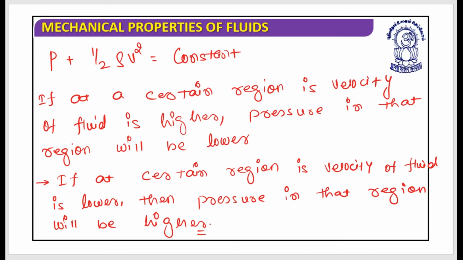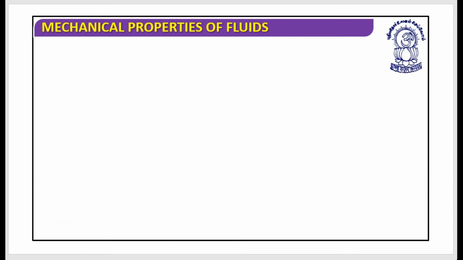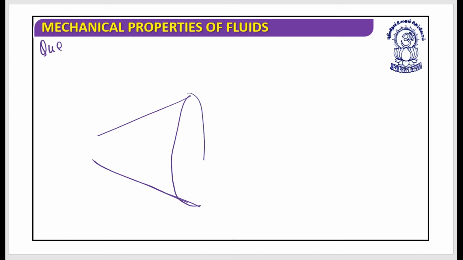Now let's look at this logical question. Suppose this is the pipe, and as you can see this is the cross-sectional area A1, this is the cross-sectional area A2, this is velocity V1, this is velocity V2, and fluid must have passed through this.